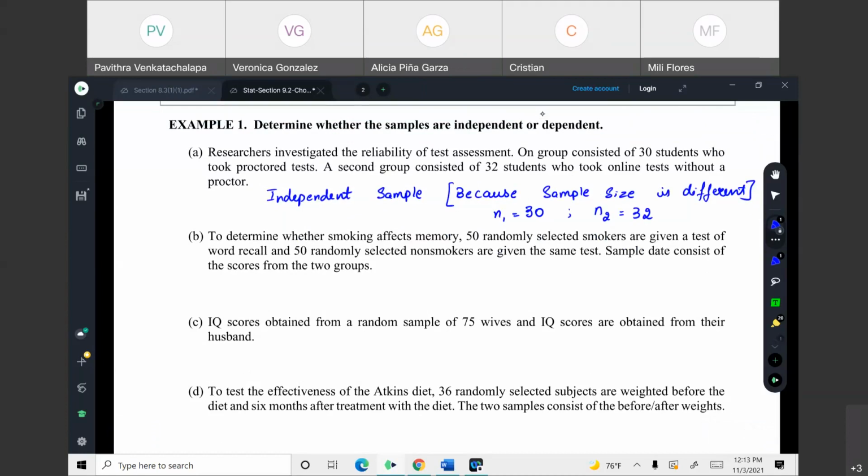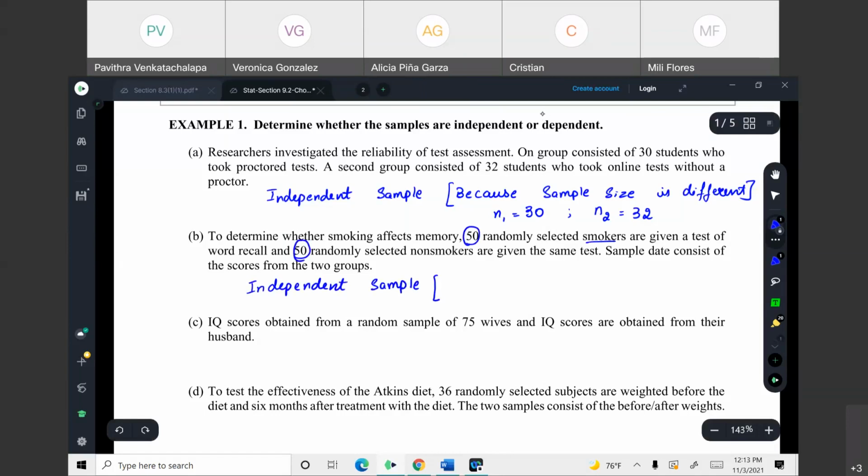Sorry, who was that? What's the answer? Independent? Yes. Why? Very good. This is independent sample. Even though the values are same, take a look at the data. They say it is smokers and non-smokers. Definitely they are not equal.